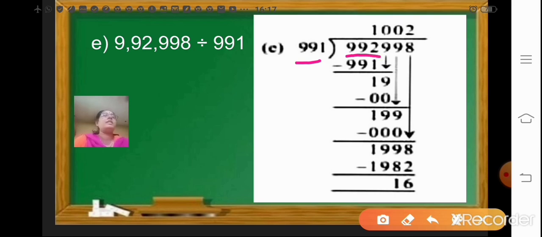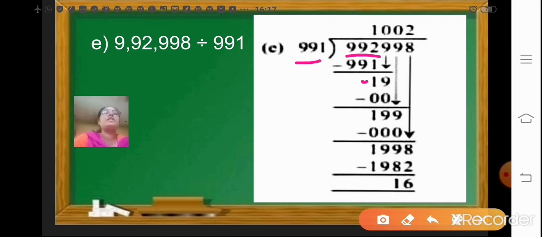Now 991, when you multiply it by 1 times, will give you 991. When you subtract these two numbers, you will get your answer as 1. Bring this second number, that is the number 9, down. So your number has become 19.